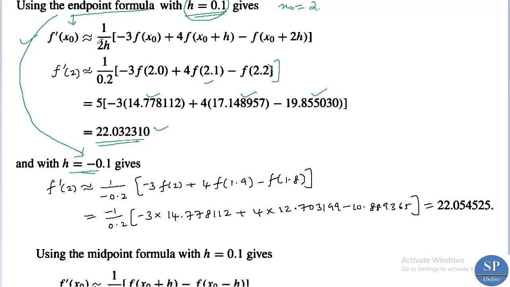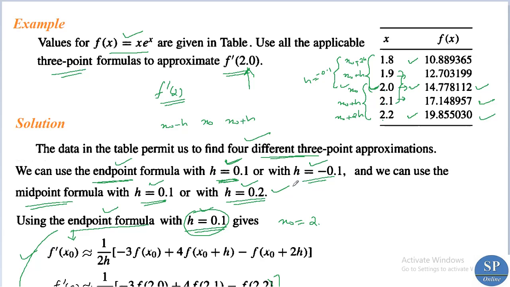So f dash of 2 is approximately equal to 1 by 2h, that is 1 by minus 0.2, into minus 3 f of x0, that is f of 2, plus 4 f of x0 plus h, that is 2 minus 0.1, f of 1.9, minus f of x0 plus 2h, that is 2 minus 2 into 0.1, f of 1.8.